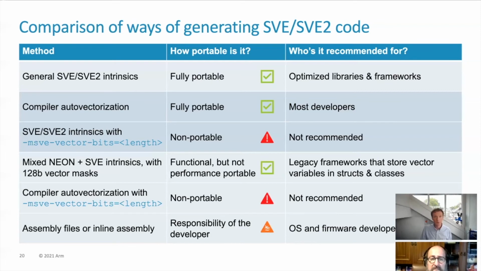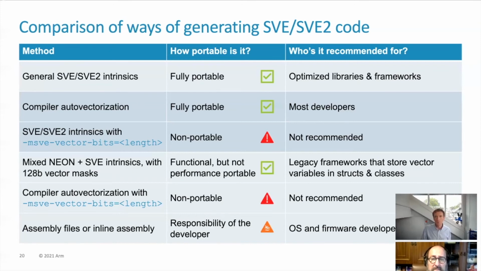A more portable alternative to using this new flag is to write your code using the SVE2 ACLE, but carefully ensure that all of the operations disable everything past the first 128 bits of your SVE2 registers using predication. Now, this has some nice properties. It allows interoperability of Neon and SVE2 instructions, and it also allows code to be executed correctly at all runtime vector widths.